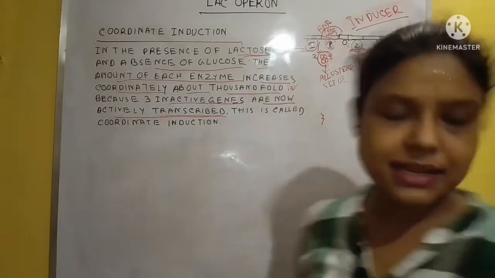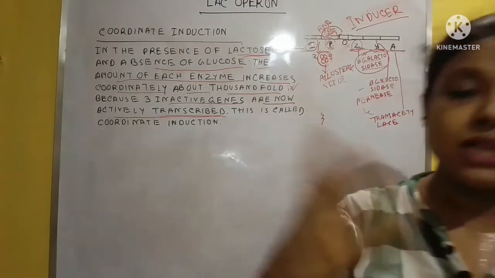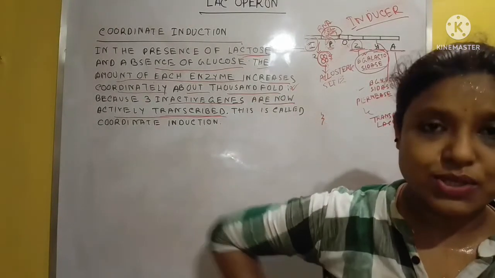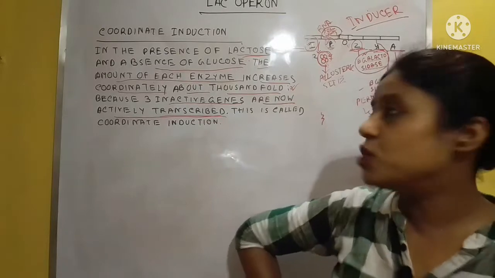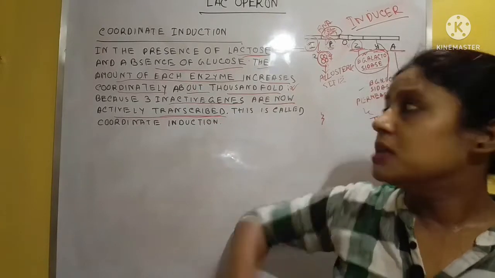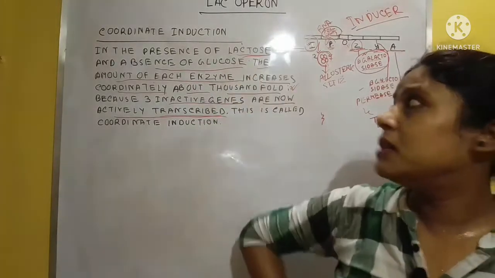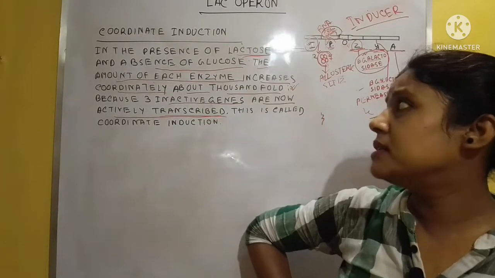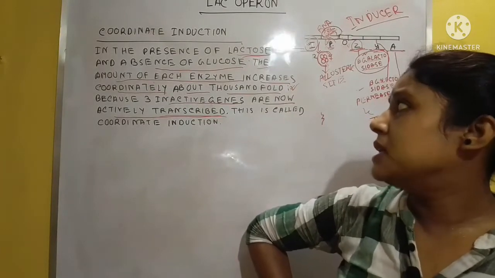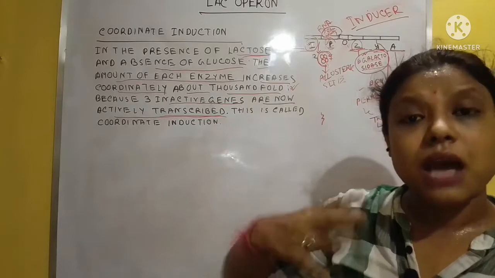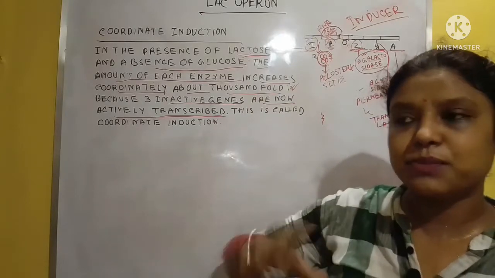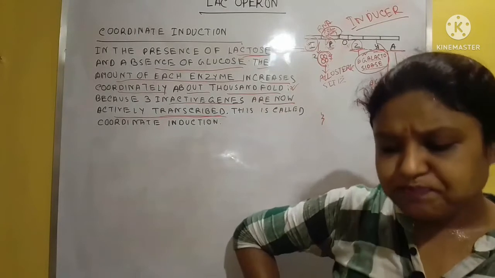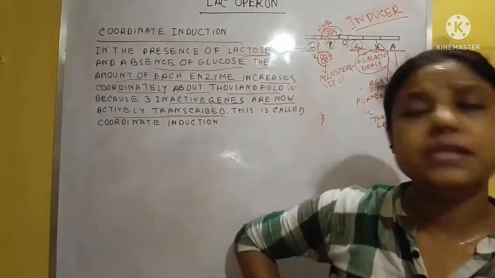The activity is increased, and the transcription of the structural genes is also increased. This happens in the presence of lactose and absence of glucose, and due to the enzymes' high activity, gene transcription is also increased. This is the coordinate induction.